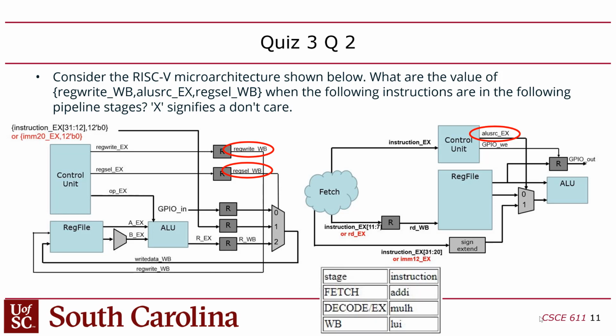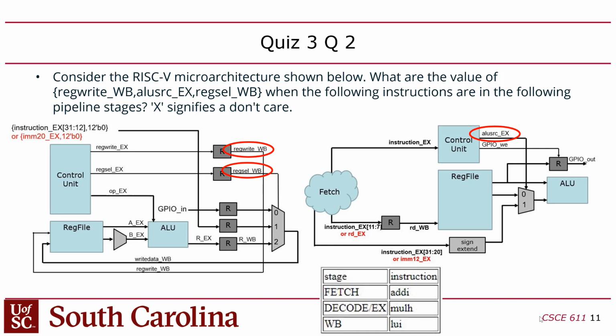Okay, so then here's another question, very similar. In this case, reg write back is referring to the instruction in the write back stage, which is LUI, and of course, yes, that writes a register, so reg write should be 1 for that. ALU source EX is referring to the multiply now.